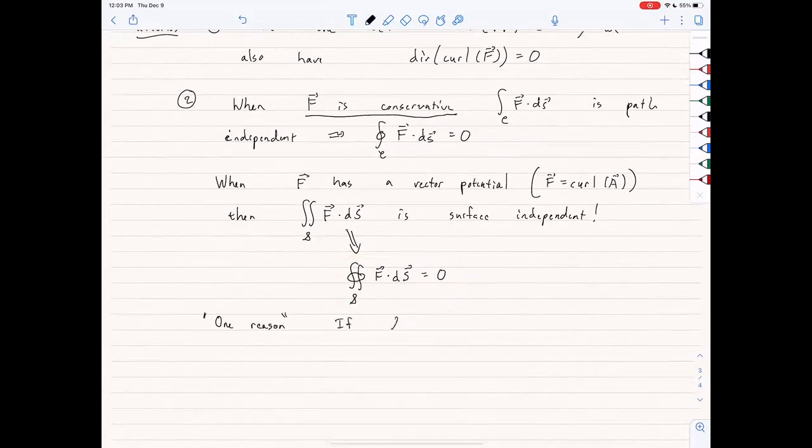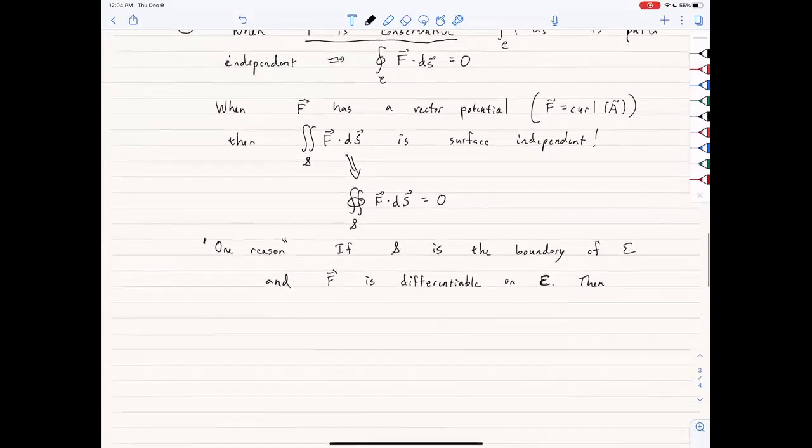So if S is the boundary, it's not always the case, but if it is the boundary of some region E, and F, pardon me, F is defined on E and differentiable on E. Then what can we say?